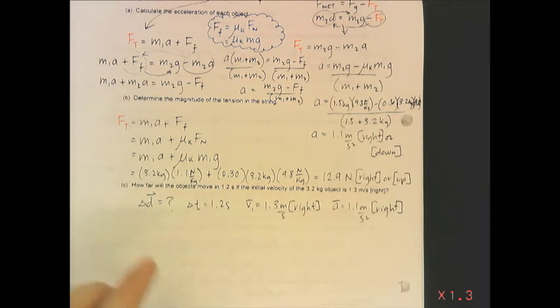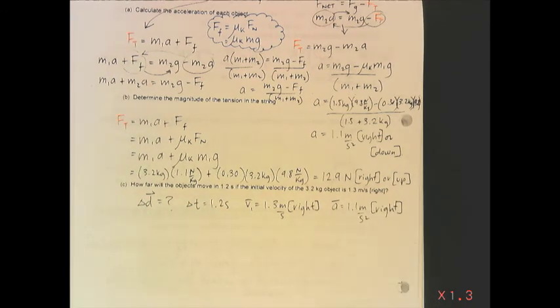And we want to find how far the objects will move in 1.2 seconds. So in this question, we're using the acceleration that we've determined by analyzing this question through Newton's 3 laws, and we take that acceleration and link it back into kinematics.